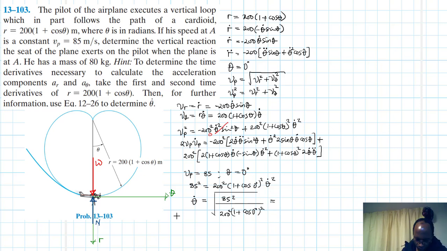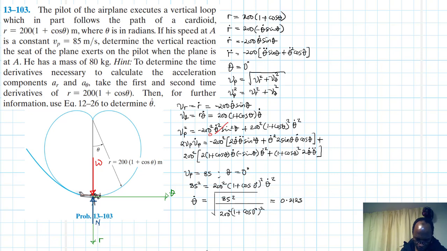So 85, and at 200, I say 1 plus cos 0 is 2, and then this squared times 200 squared, then 85 squared divided by the answer, square root of that, I get 0.2125.